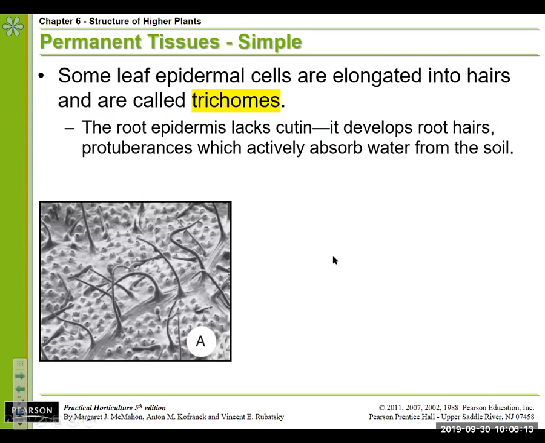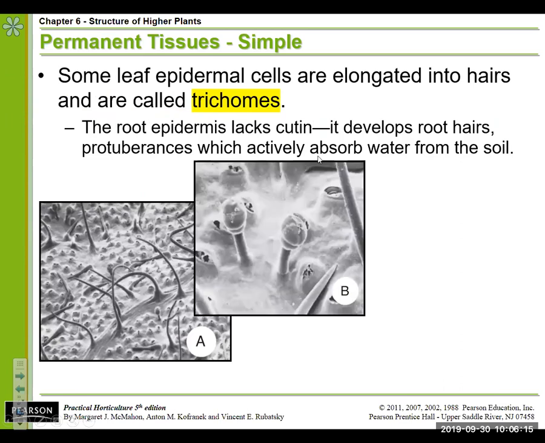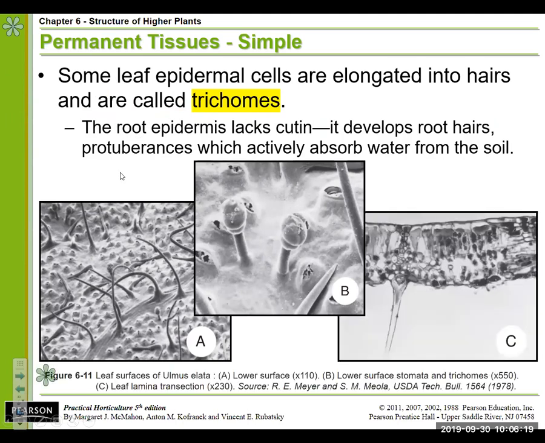We also have, in some leaf epidermal cells, hairs or trichomes. And these trichomes are basically areas that are, again, for protection of the plant, but they can also store some chemicals as well.